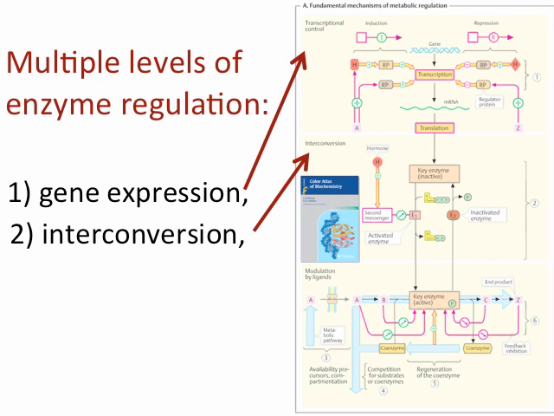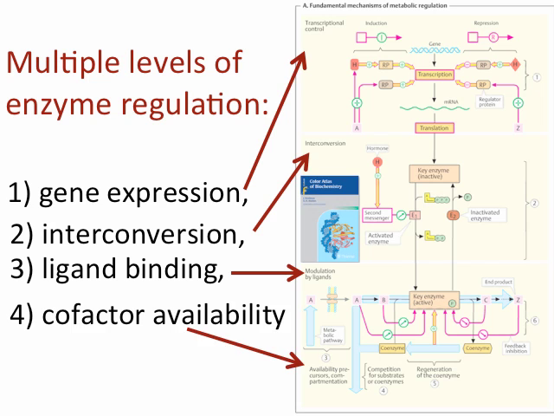The active enzyme itself is then subject to binding of ligands to the enzyme, coenzymes, prosthetic groups, divalent ions, and so forth. Then, of course, the substrates and the cofactors, simply their concentration, helps determine the rate of reaction that actually takes place.